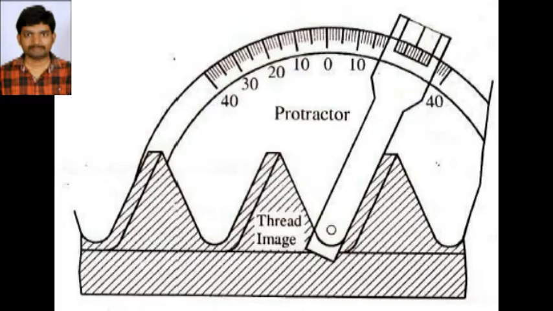Each flank angle is measured separately as shown, the protractor arm being rotated in turn to each flank of the projected thread image. Hence the included angle of the thread, that means 2 theta, is the sum of the two flank angles theta. So this is the discussion about thread angle measurement.